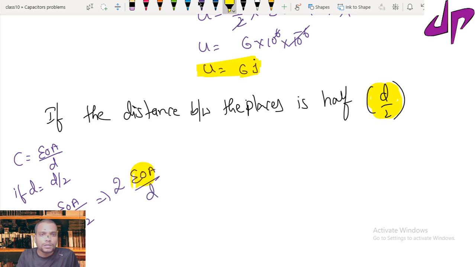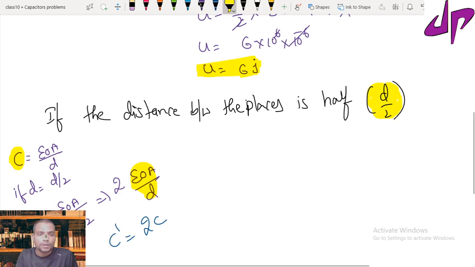Now in the place of epsilon naught A upon d, if you substitute the value of C, I get that the new capacitance C dash equals 2 times C. It means the capacitance value gets doubled. It's common sense, since we know from the formula that if the distance becomes half, capacitance becomes double.